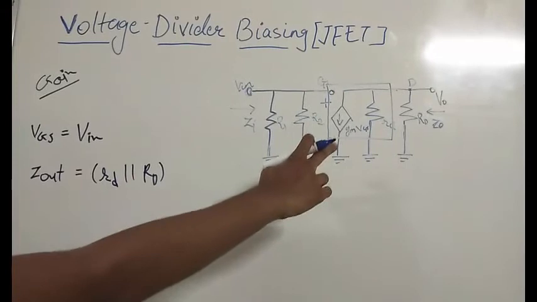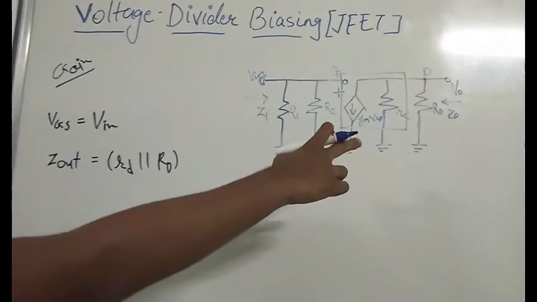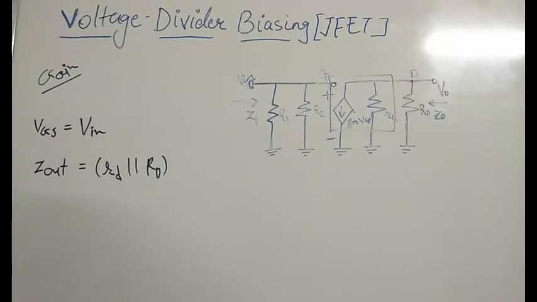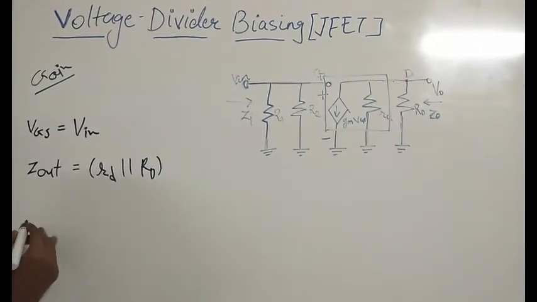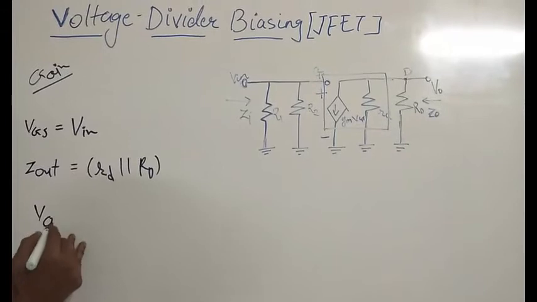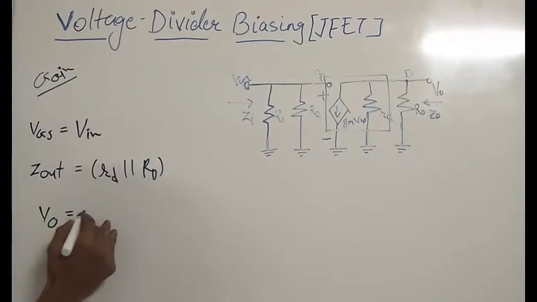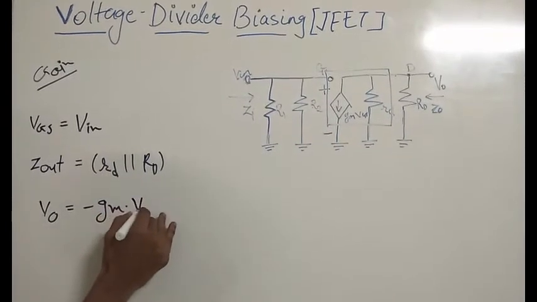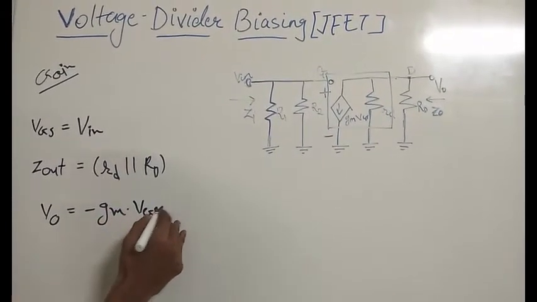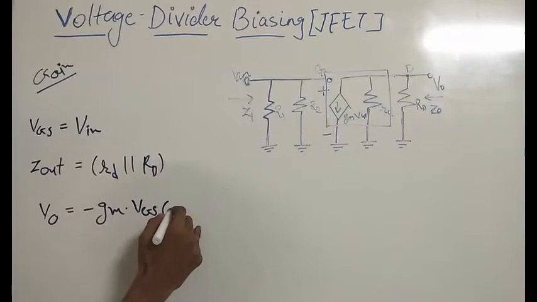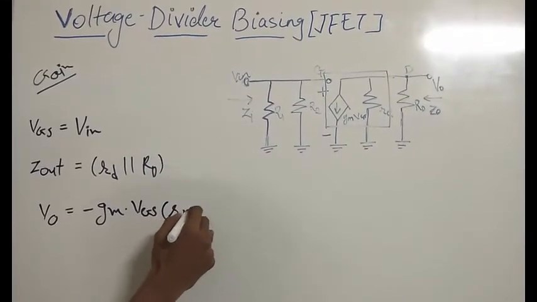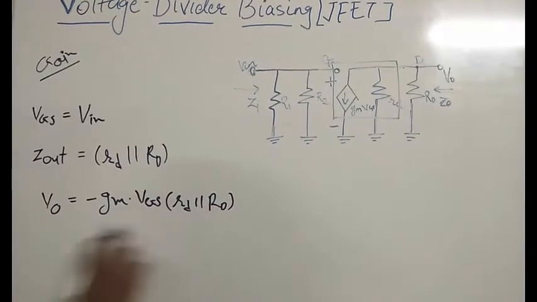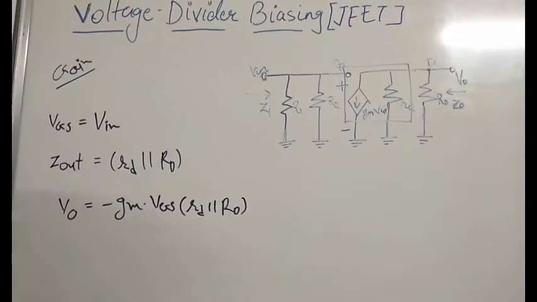Here you can see small rd is parallel with capital RD. That was the output impedance. So V output is equal to minus GM into VGS into small rd parallel with capital RD. This is the output voltage.